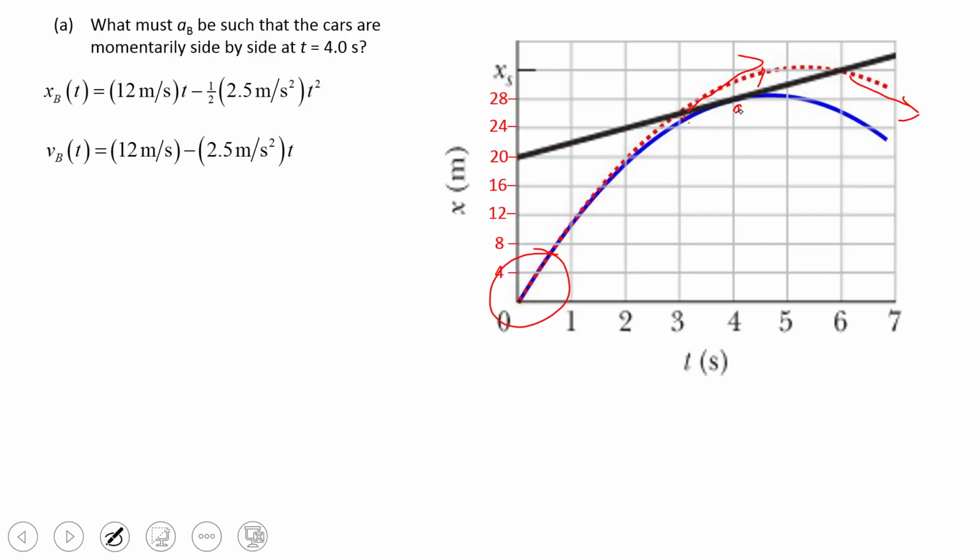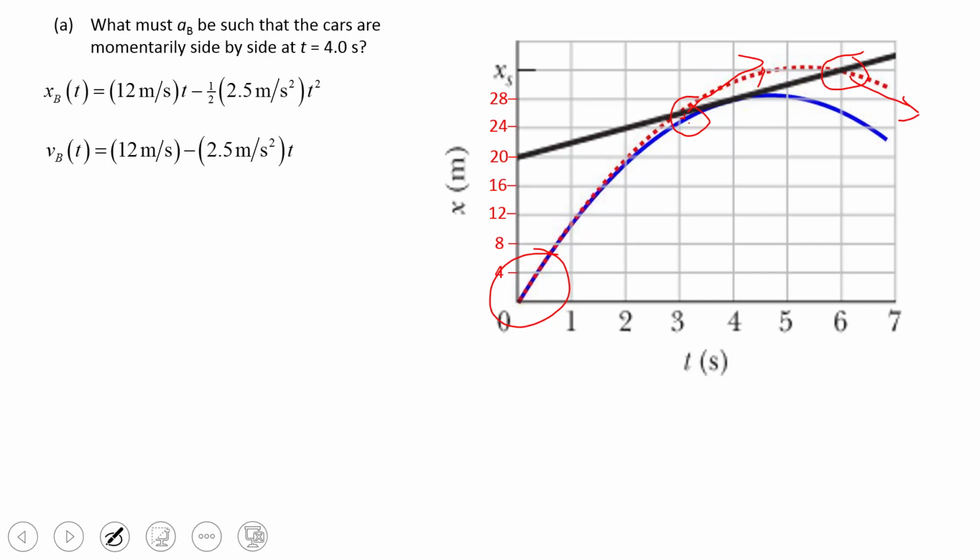When the cars are at the same position, they could be traveling with the exact same velocity. Car B could be traveling more quickly, in which case it's this situation and it's going to be moving past car A. Or it could be traveling with a velocity that's smaller, which means it's already past car A and car A is now moving ahead of car B at that particular time.